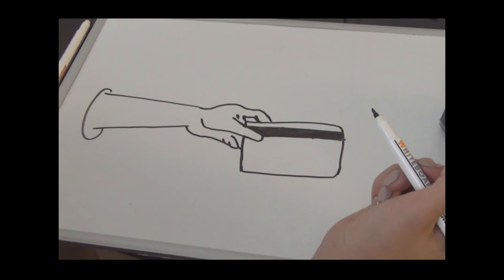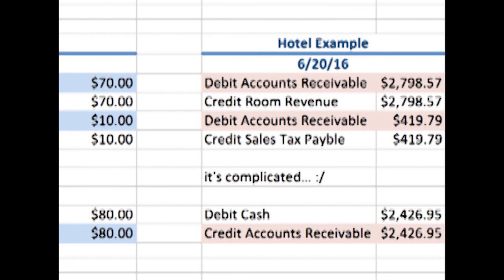So if you think about the time sequence with these journal entries, you're paying almost immediately after you're charged with the bill. But at the Ramada, this might not necessarily be the case, because let's look at June 20th, the example we always use.